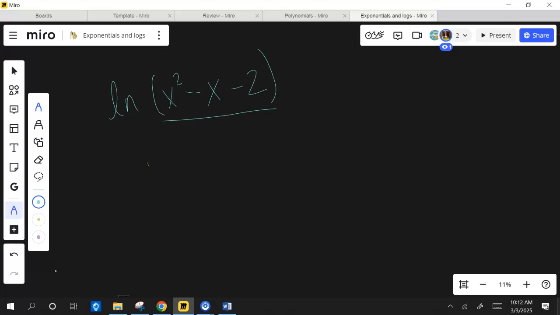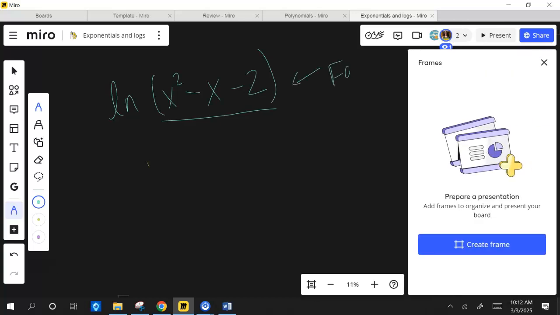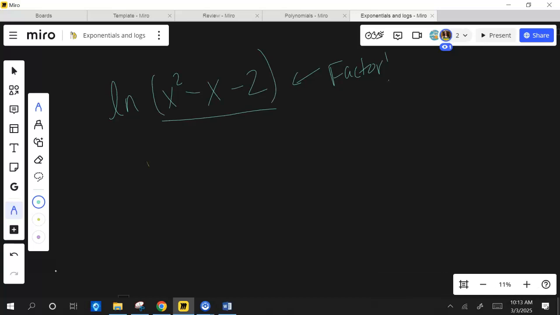X minus. Yes. Well, not multiply by, close. You can't change its value. You have to keep its value the same, but you can rewrite things, and you can rewrite them in different ways.